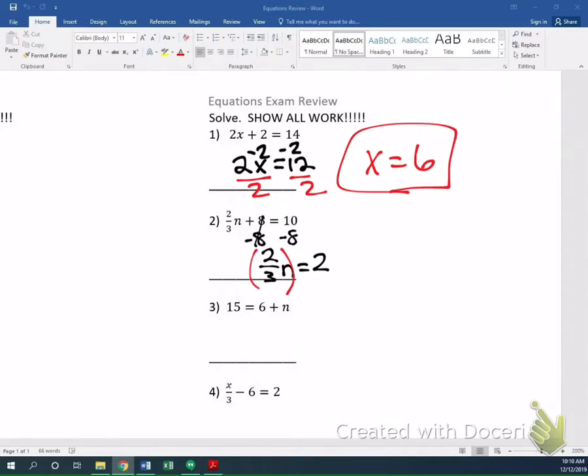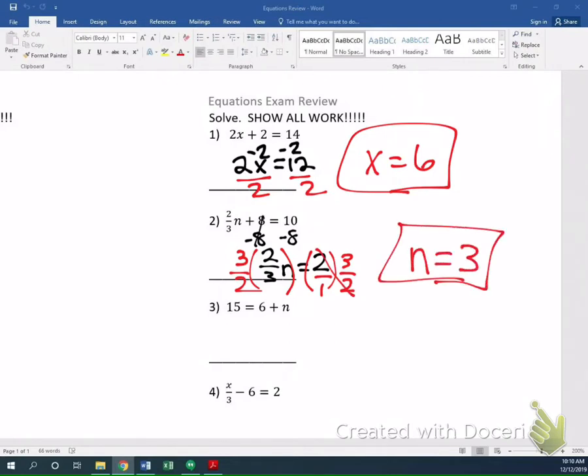Then what? Then we do the reciprocal. And 2 times 3/2, the 2's cancel if you're doing it by hand. And you're just left with 3. If you're not doing it by hand, just type it in the calculator. 2 times 3 ABC button 2 equals, and it'll do it for you.